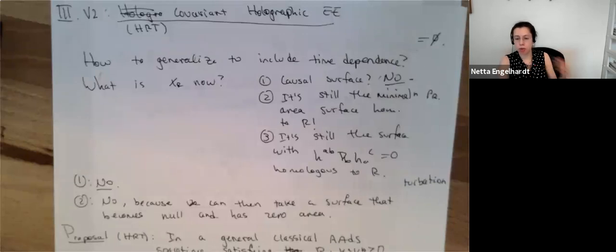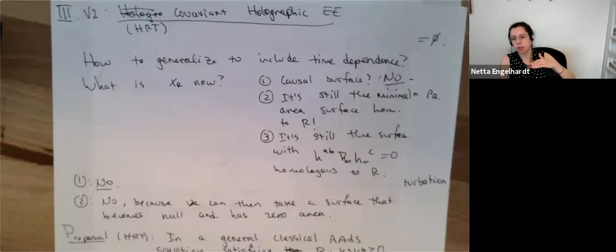So Lewkowycz-Maldacena assumes that you've picked your boundary interval to lie on one of these static slices. And so you can always work on this static slice, which means, of course, that the analytic continuation to Euclidean signature is always going to be very simple from that particular slice.